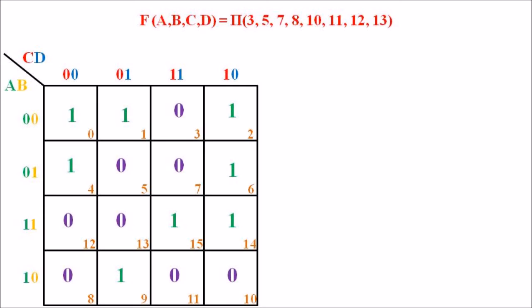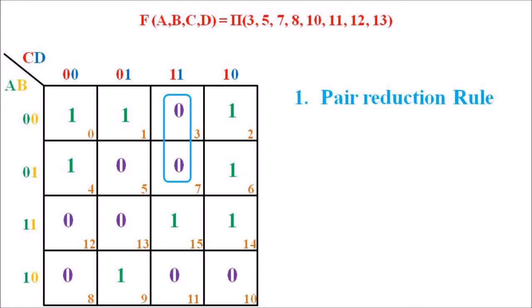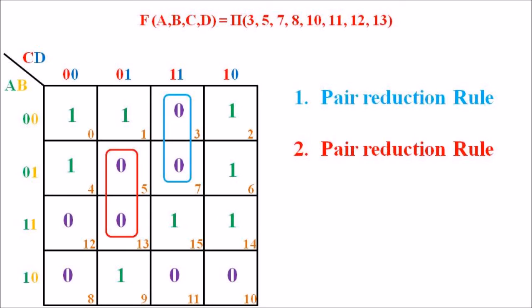While analyzing this K-map, firstly we can see the first pair with the cells 3 and 7. We are pairing the cells 3 and 7, and this pair is marked in blue color. Secondly, we can see another pair with the cells 5 and 13, marked in red color.